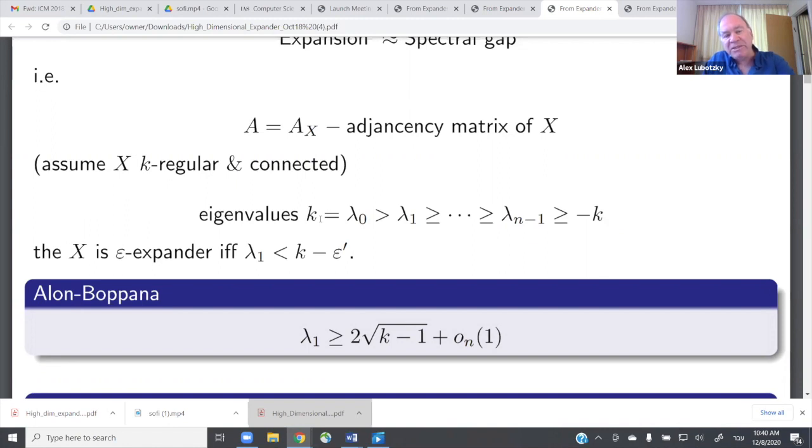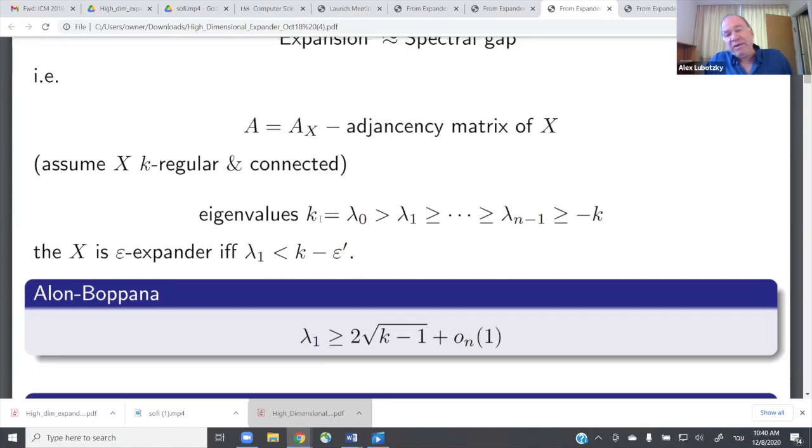In fact, there is a good hint here, because the graph is connected if lambda 1 is less than lambda 0. If it's bounded away from lambda 0, then it is very connected, and very connected is exactly expander. The definition of expander, if you think about it, is a kind of very much connected.